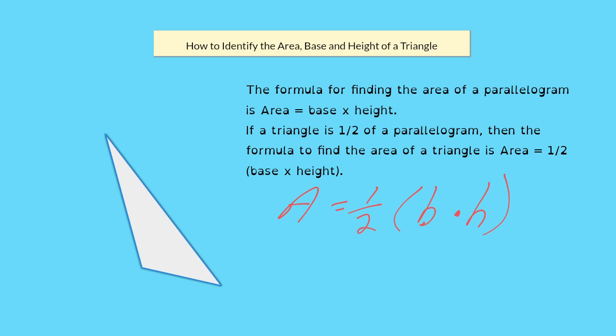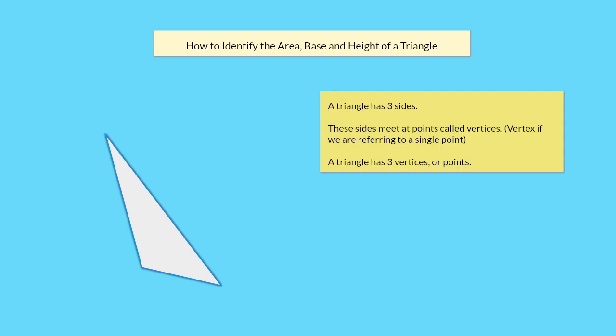Now, before we go over finding a proper base and height pair for a triangle, we first need to go over a few basic facts about triangles and some vocabulary about triangles. Now, a triangle has three sides. 1, 2, 3.